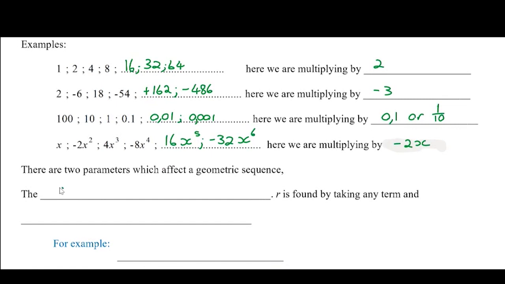Right, so there are two parameters which affect a geometric sequence. The starting number, exactly the same as an arithmetic sequence, which we call A, and the common ratio, which we call R. R is found by taking any term and dividing by the term before it.